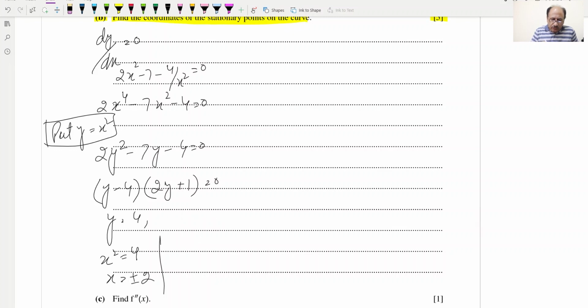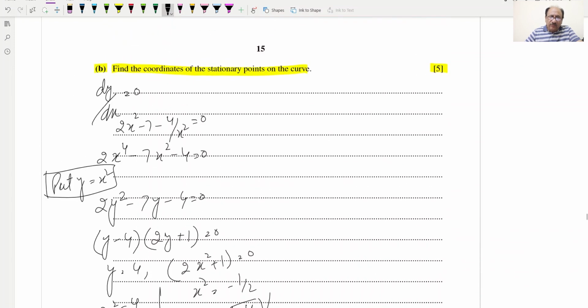So what we could do, we can replace here 2 into x squared plus 1 is equal to 0. So x squared will be equal to minus 1 by 2, and x will be equal to plus minus under root of minus 1 by 2, which is a complex number. So we'll leave this one.